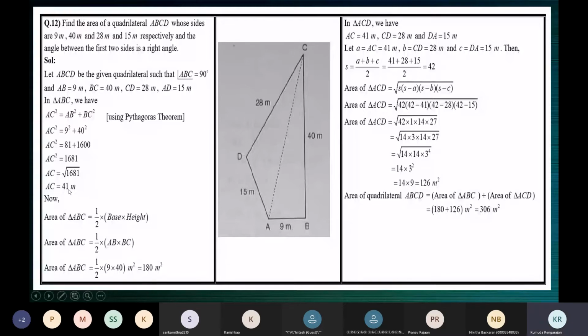So we find AC because to find the area of this triangle, we need the length of AC.